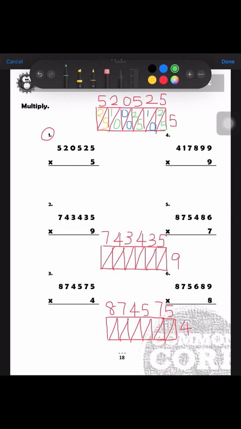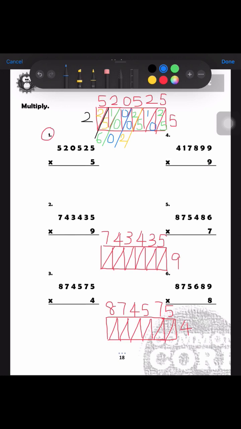And then we add the numbers down the diagonal strip. So the first one is 2, and the second one is 1 plus 5 equals 6. And then next, 0 plus 0 equals 0. And then 2 plus 0 equals 2.